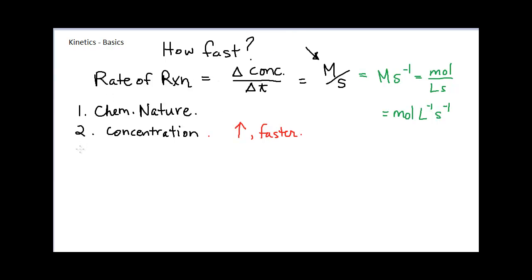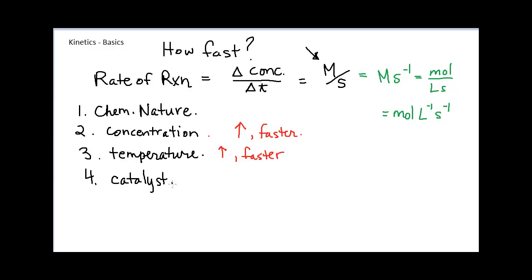The third factor which influences how fast a reaction goes is the temperature. Again, in general, what we find is that the higher the temperature is, the faster the reaction goes. The fourth factor we want to look at is the presence of a catalyst.